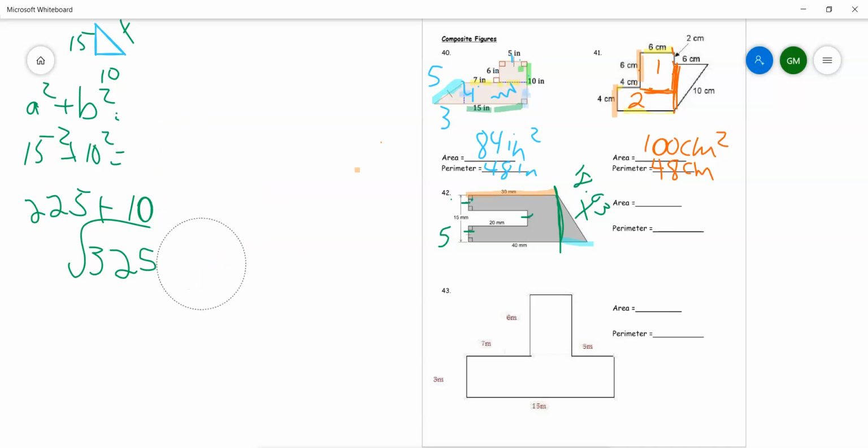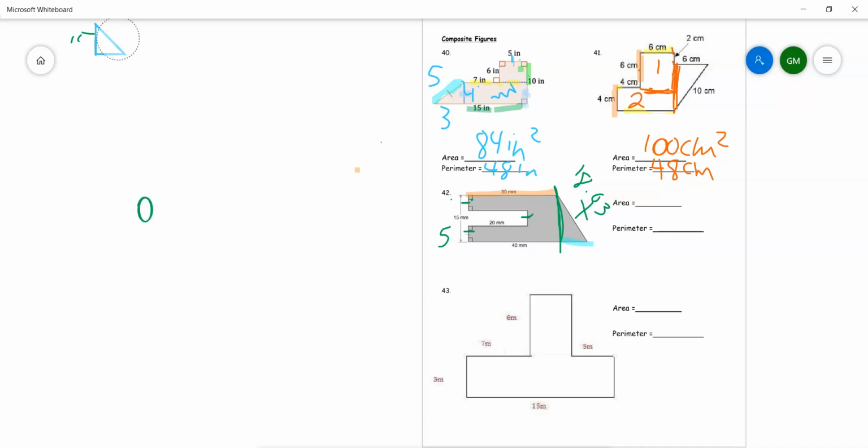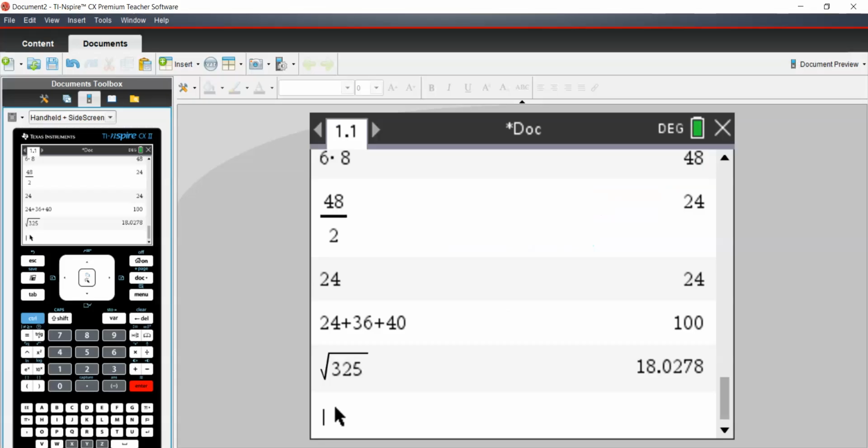All right, so let's go ahead and find the perimeter of this shape, this polygon. It's going to be 15, because it's 5 plus 5 plus 5, plus 20, plus 40, plus 30, plus 18.03. So let's go with 18.03 plus 15 plus 30 plus 40.